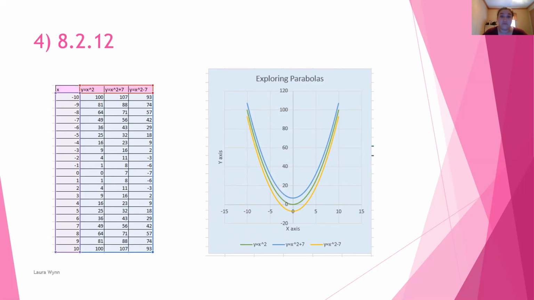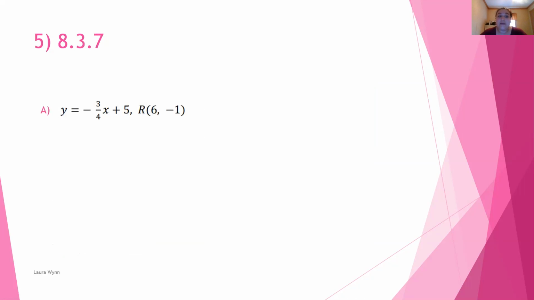Okay, let's go on to number 5. This one gives you an equation and a point, and it wants you to find the perpendicular line to our equation. Now, our first equation is y equals -3/4 x plus 5. It is already in slope-intercept form, which is y equals mx plus b.